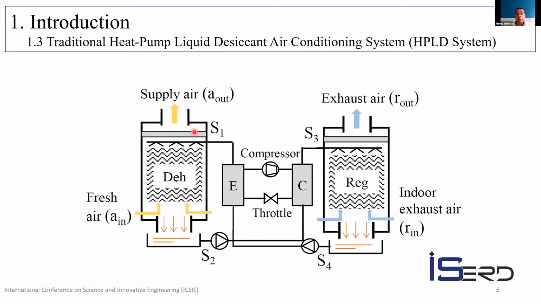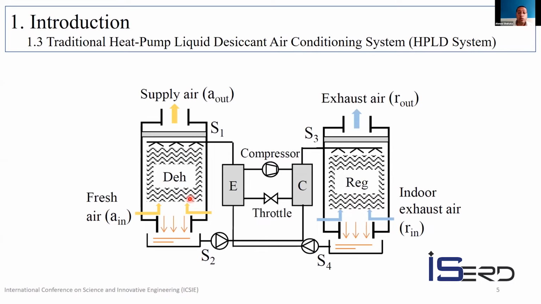But here, when the liquid desiccant meets the fresh air along the dehumidifier, as long as it absorbs water, the concentration decreases. So the efficiency of the device decreases along the way.